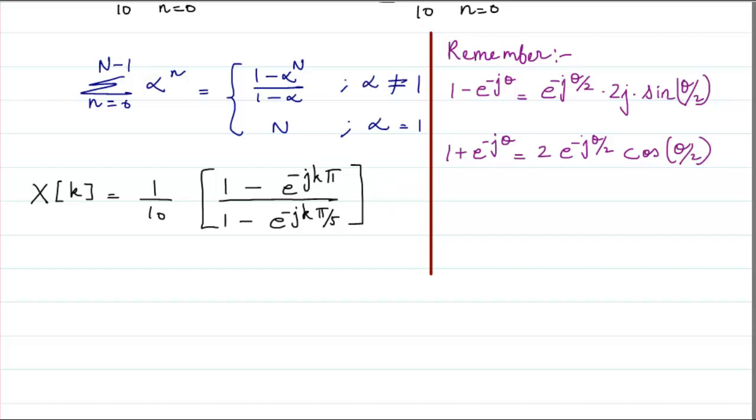So I can get x of k as 1 by 10 within bracket, I can take e raised to power minus j theta by 2 into 2j into sine theta by 2. Here theta is k pi, so k pi by 2.